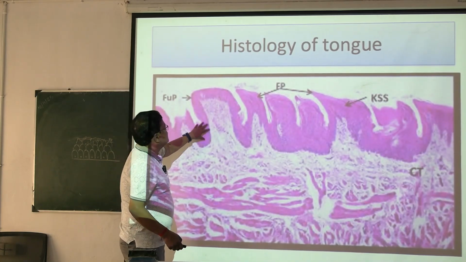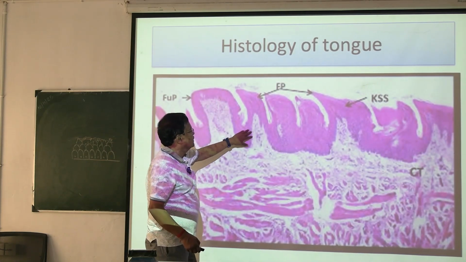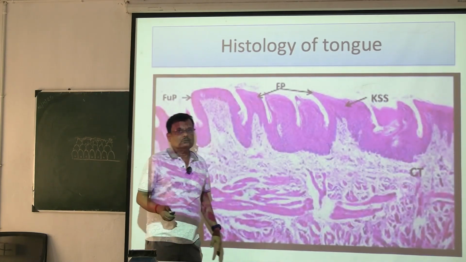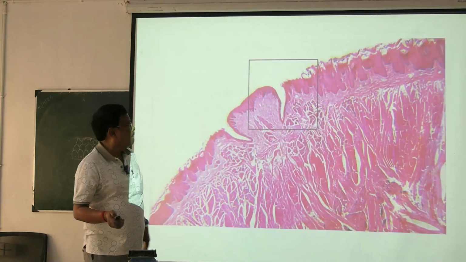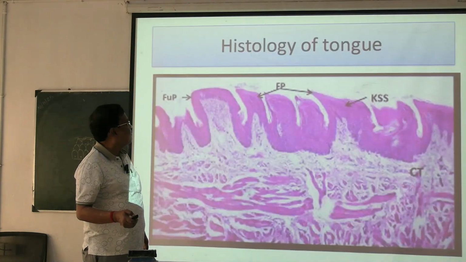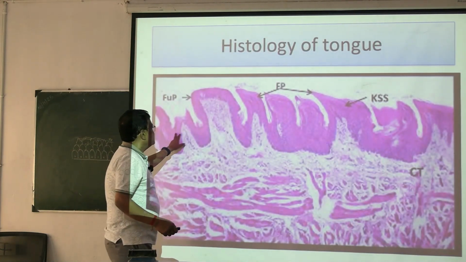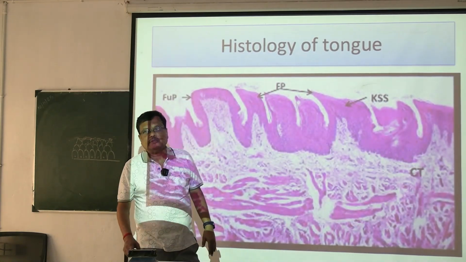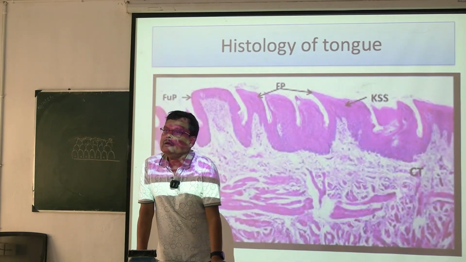It has a surface epithelium, connective tissue and muscles. So it has a surface epithelium and connective tissue underneath the surface epithelium. We call it the lamina propria.